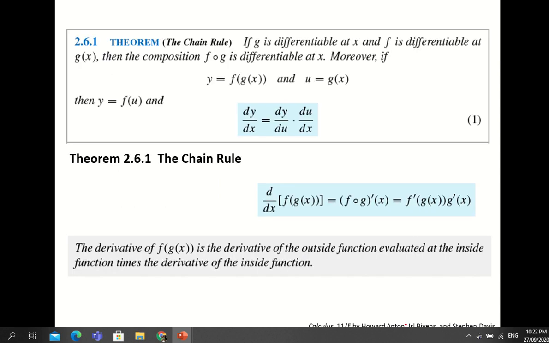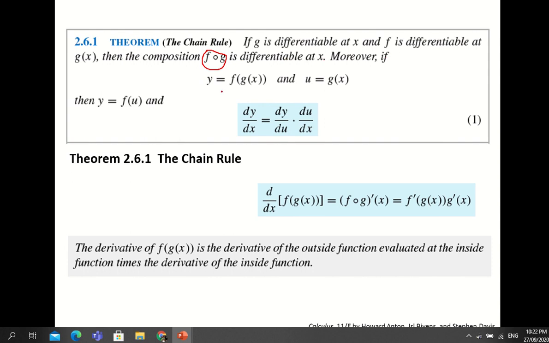Then we have the chain rule. The chain rule says that if g is differentiable at x and f is differentiable at g(x), then the composition, written with this symbol, meaning composite function, of f and g is differentiable at x.